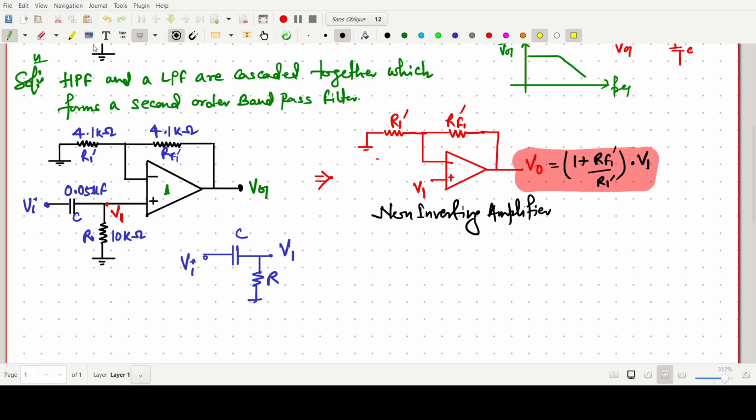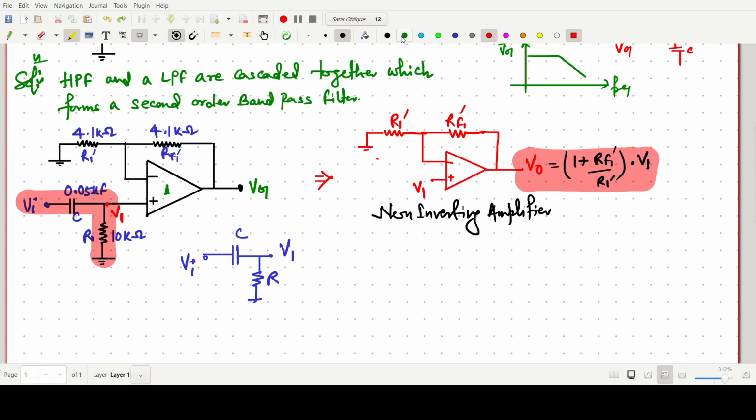Once again I am highlighting the things. If we are able to find this V1, this one is the circuit C and R. So now we have to find V1.